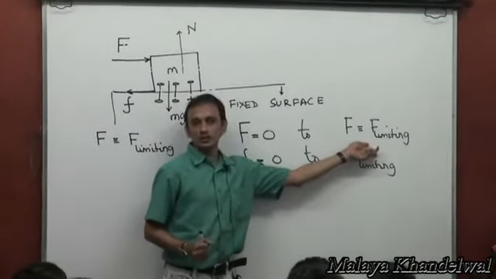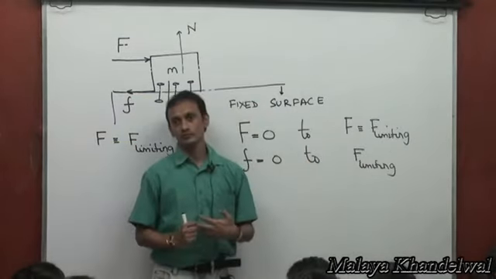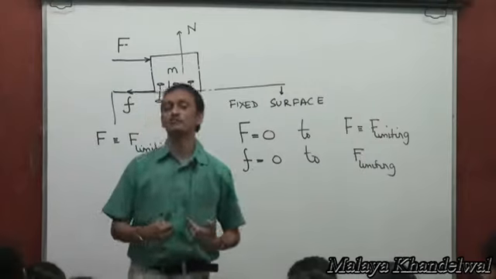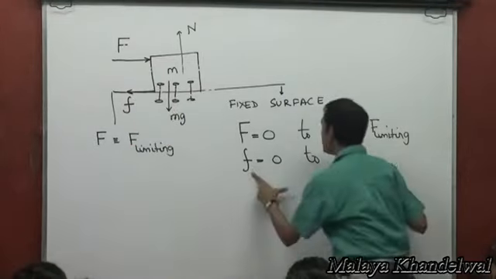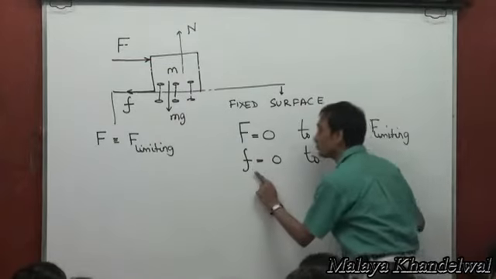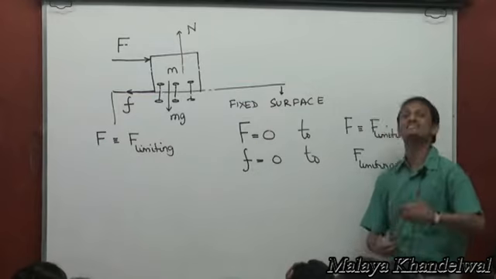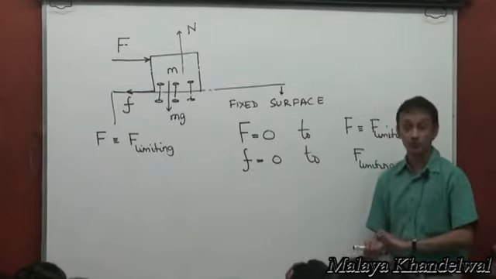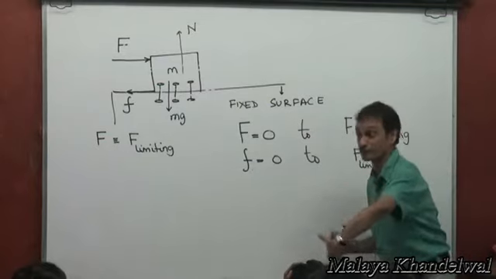This value of the frictional force, which is preventing relative motion, is called static friction. Frictional forces varying from 0 to F limiting is static friction. These values of the frictional force are referred to as static friction.